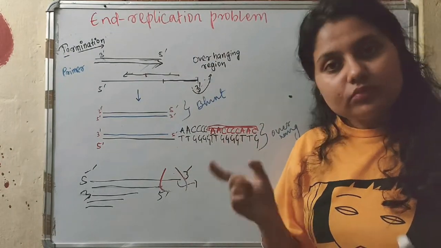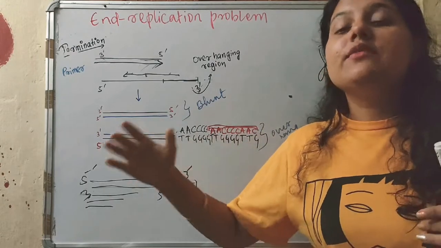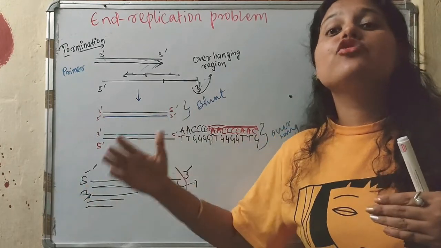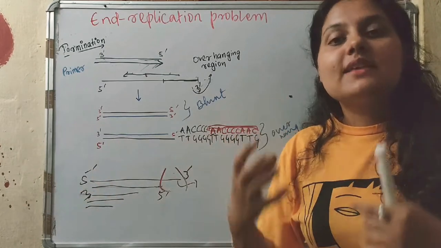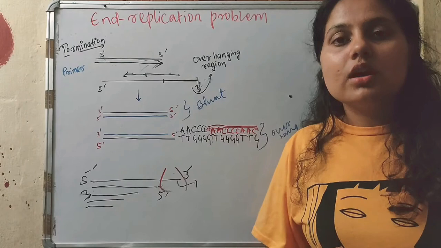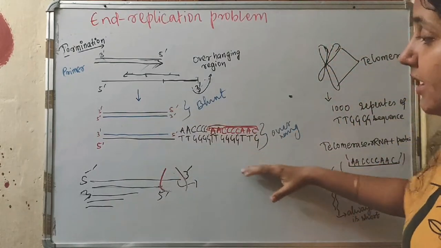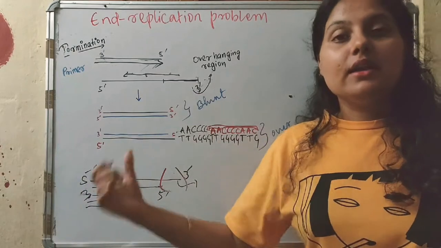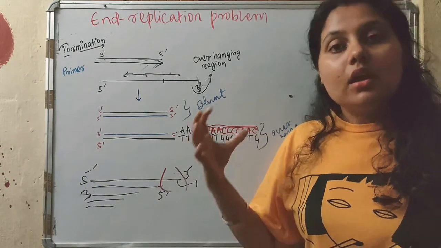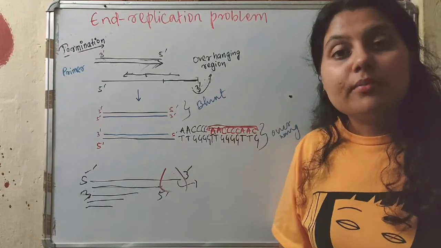Due to the repeated division of the cell and the repeated shortening of the telomere, the cell will turn older and older, and it will lose the ability to divide. But this can be compensated with the help of the enzyme known as telomerase.